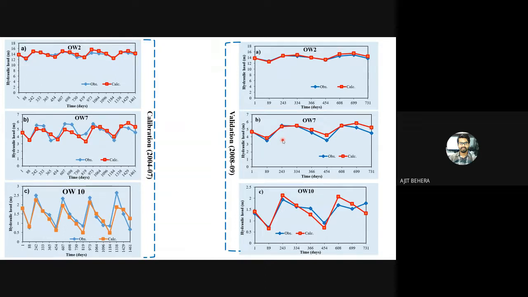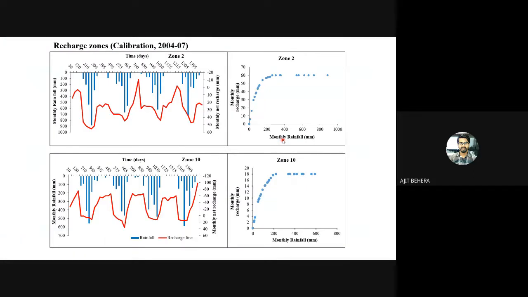So this is our objective: we have given different recharge zones, and we want to see how these recharge zones react when rainfall occurs and when we extract some groundwater.